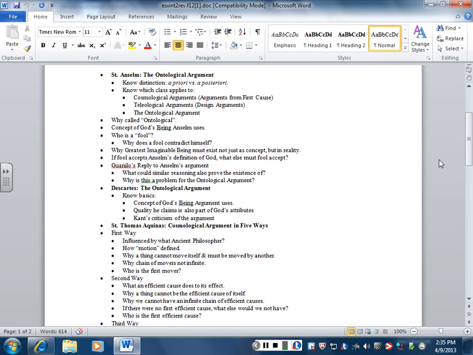sense experience. Now we're going to also see this when we look at the contrast between rationalists and empiricists. So a priori is basically prior to experience, and a posteriori knowledge, or an argument that's a posteriori, basically, you see the word post or after. It's either an argument or something that is based on experience.